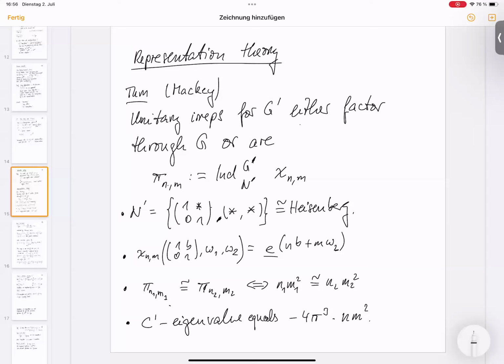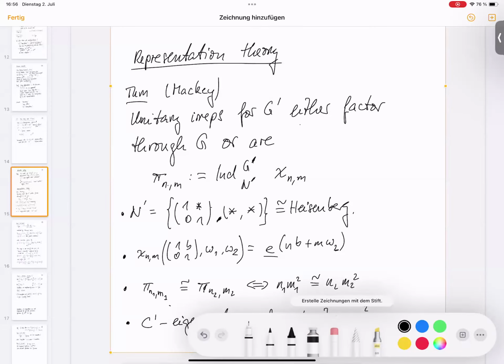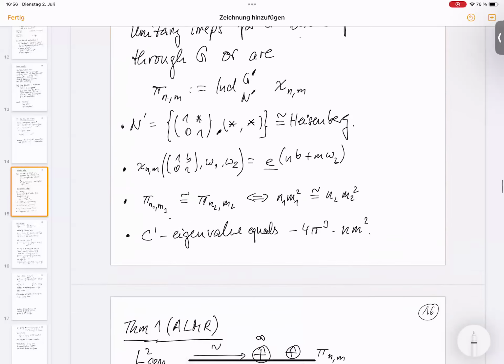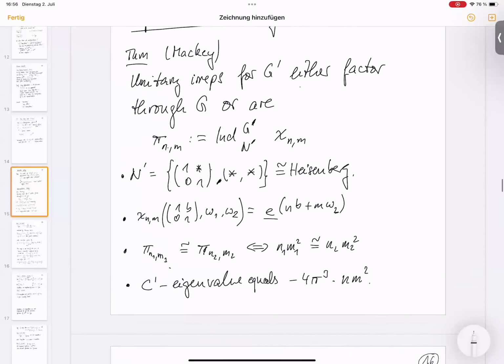It's isomorphic to a Heisenberg group. It includes the translational part and the upper one off-diagonal entry.